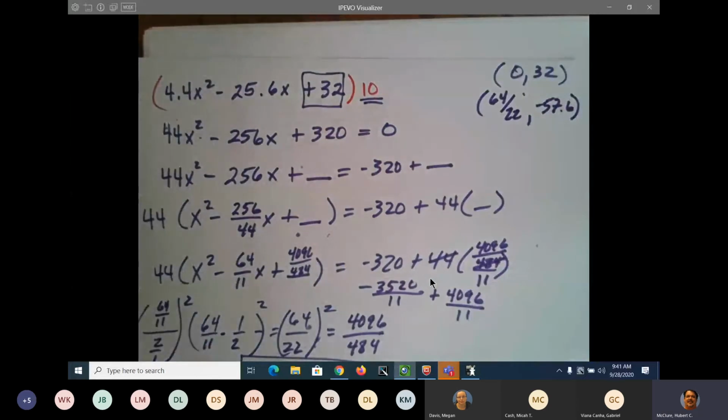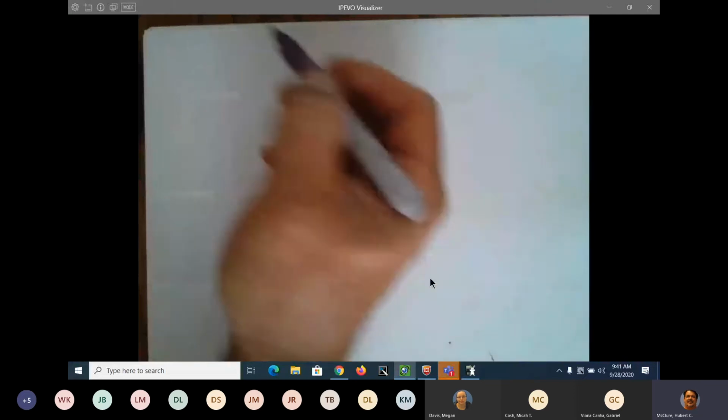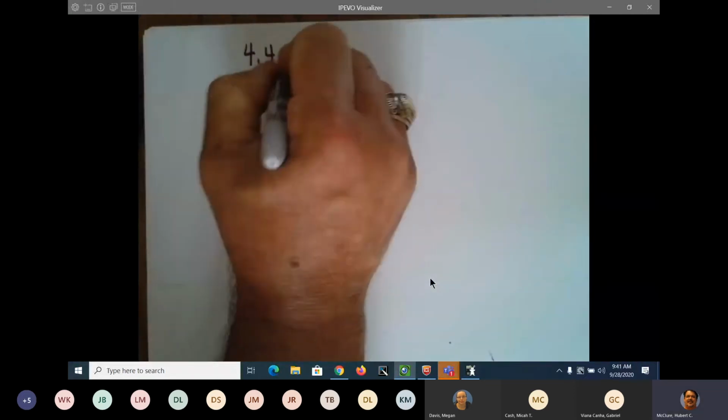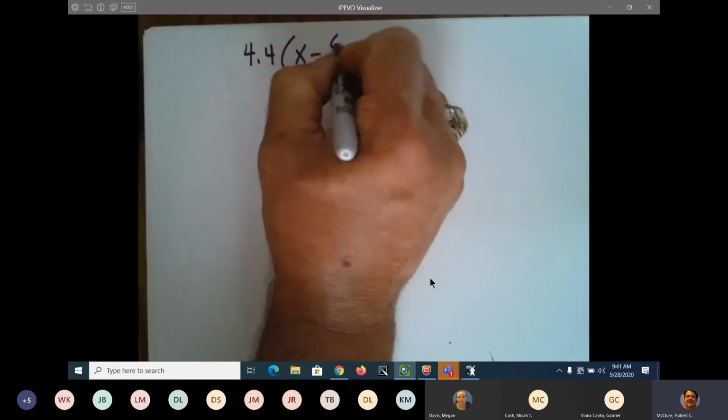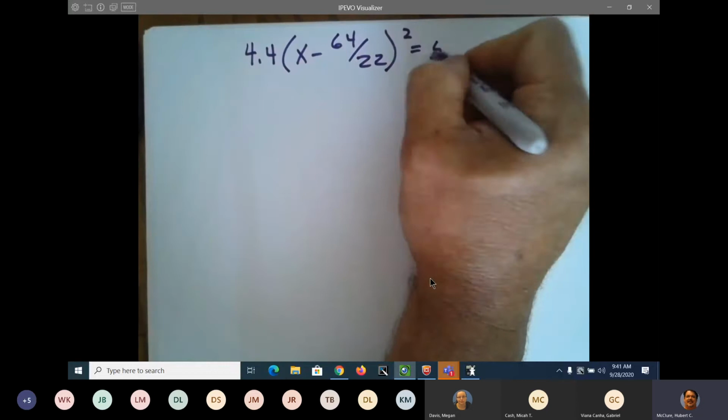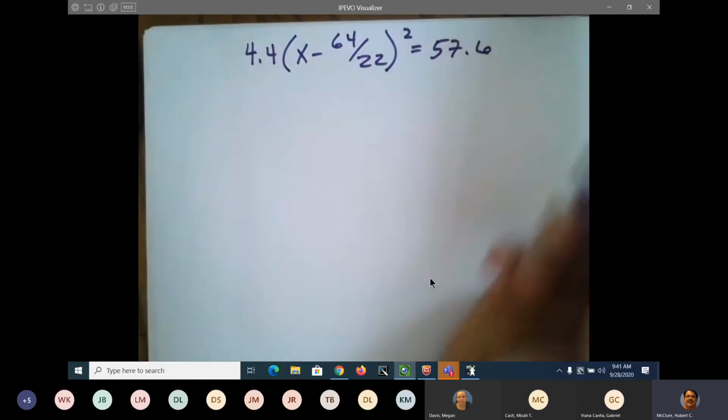Okay, and now we're going to solve for our x-intercepts, because I have no idea what they're asking, but I guarantee you they're going to ask for x-intercepts. So here we go, and you can leave it 4.4. 4.4 times (x minus 64 over 22) squared is equal to 57.6.